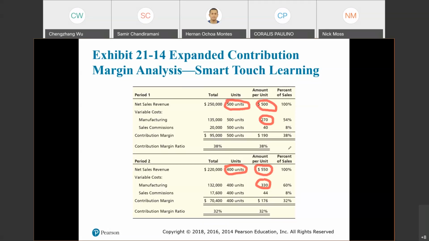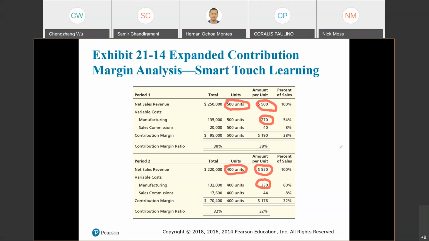But because of this increase in sales price, it caused a decrease in the number of units sold.